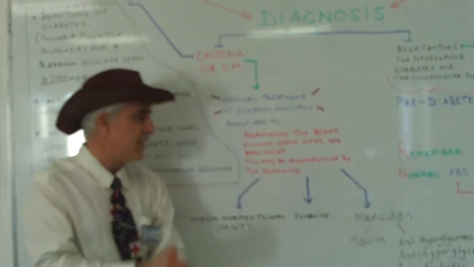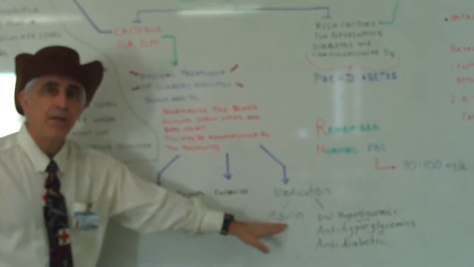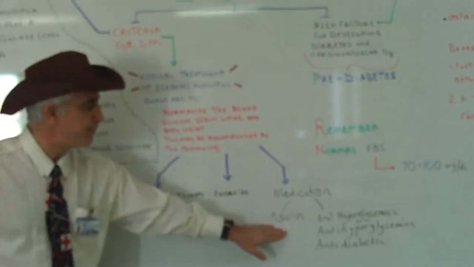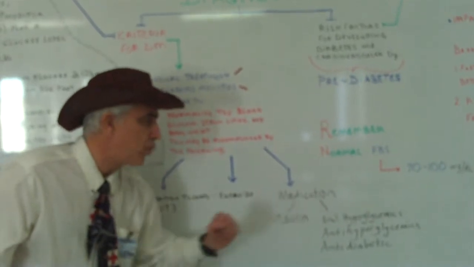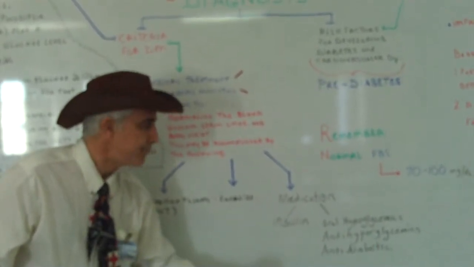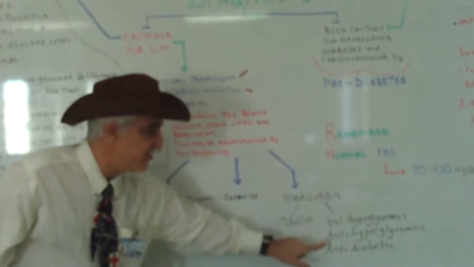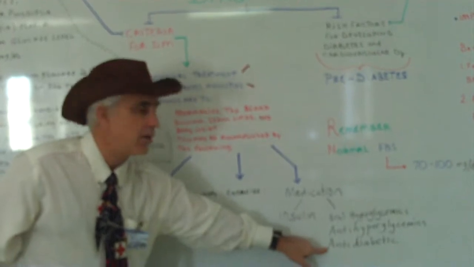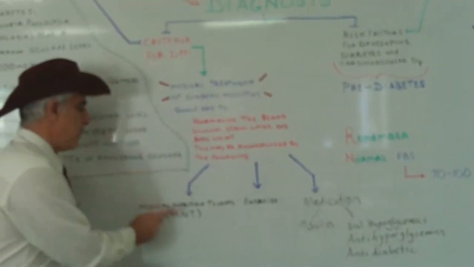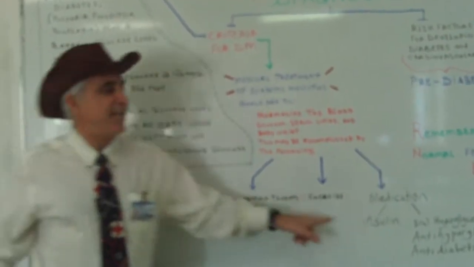And then medications: insulin, when the need comes, or by mouth, where we have oral hypoglycemics. You can also call them anti-hyperglycemics or anti-diabetic medications. So the treatment is nutrition, exercise, and medication.